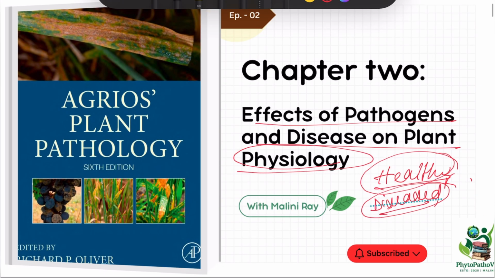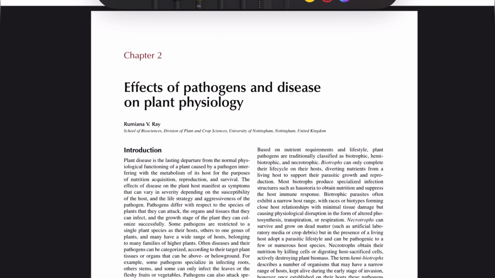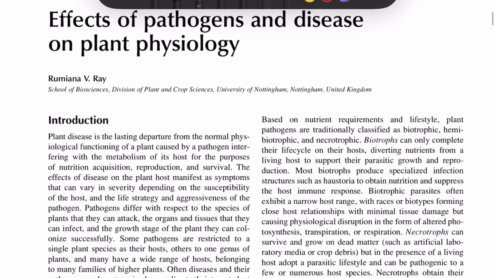To start with, we have the introduction. Plant disease is the lasting departure from normal physiological functioning of a plant caused by a pathogen interfering with the metabolism of its host for the purposes of nutrition acquisition, reproduction, and survival.